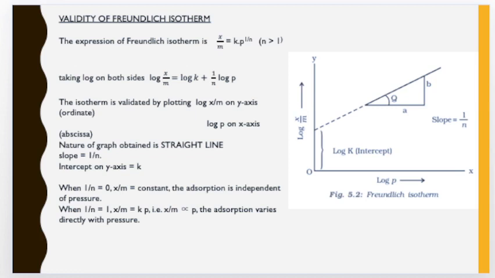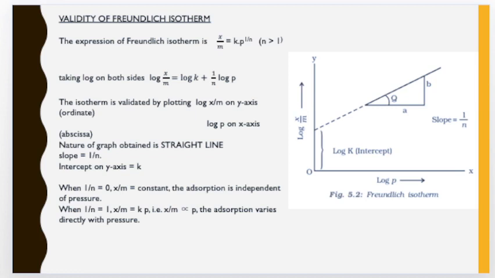This equation can be related to the equation of a straight line, that is y is equal to mx plus c. So, if we plot the graph of log x by m on the y-axis and log p on the x-axis, we'll obtain a straight line having slope 1 by n, and the intercept on the y-axis will be log k.